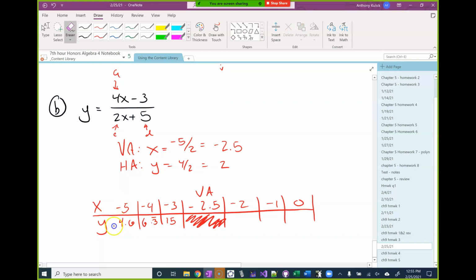All right, it's negative 11 over 1. So that's negative 11. That's going to be negative 7 over 3. So that is negative 2 1/3. And that's going to be negative 3 over 5. So that's just negative 0.6.